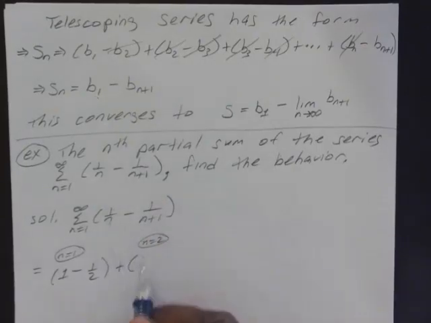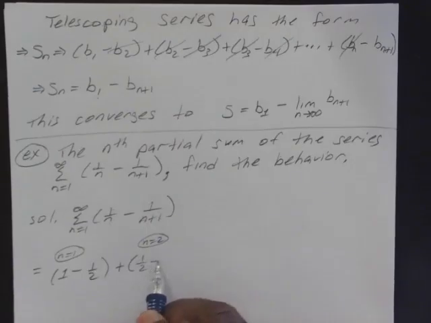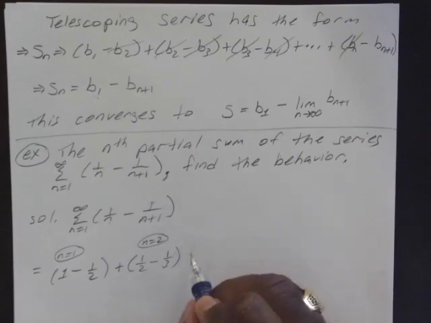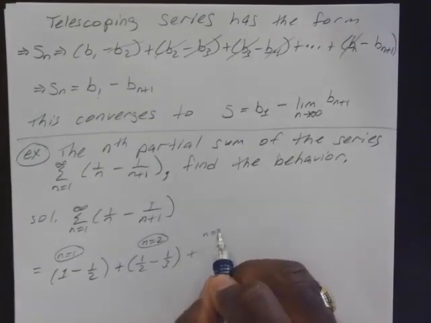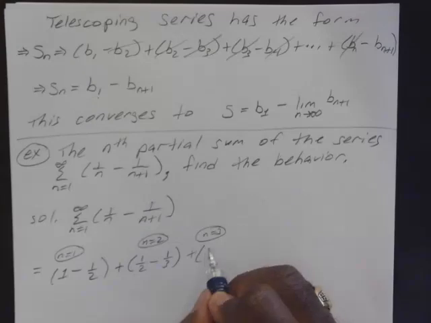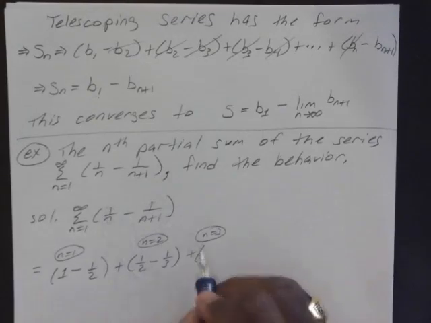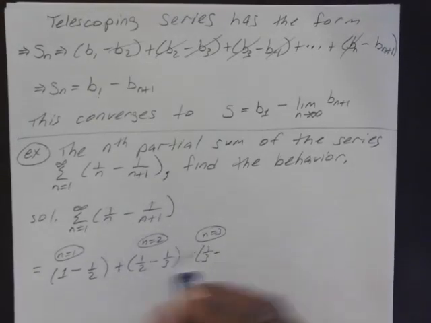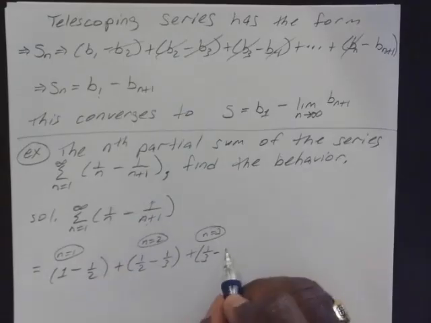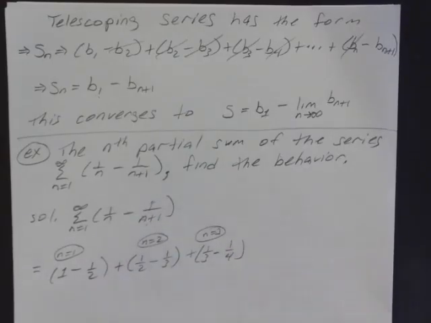We have 1 over 2, which is 1/2, minus 1 over 2 plus 1, which is 1/3. Plus, if we plug in n equals 3, we have 1/3 minus 1 over 3 plus 1, which is 1/4. And we can kind of see the pattern from there.